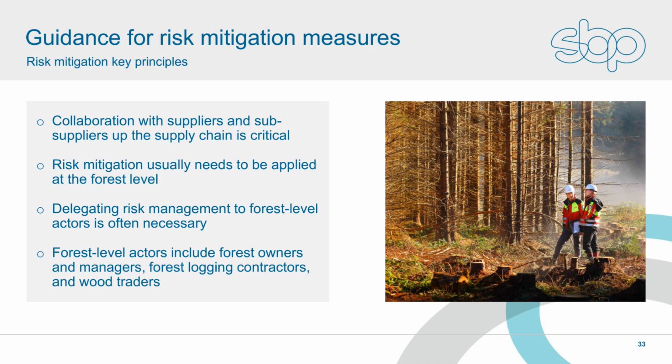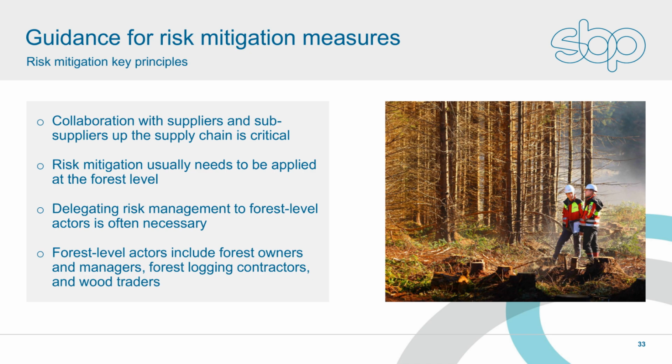Risk mitigation is almost never something a biomass producer can do alone. The specified risks usually sit upstream with the forest owner, the logging contractor, or the wood trader, and that means the biomass producer has to work with those actors, share information, and agree on what will change. Treat risk mitigation as a joint effort, not a compliance task you impose on your suppliers.